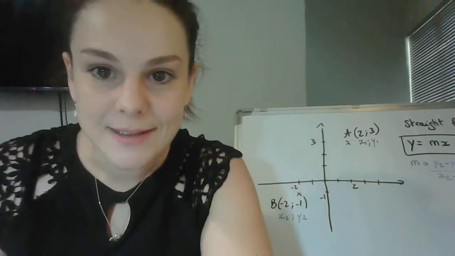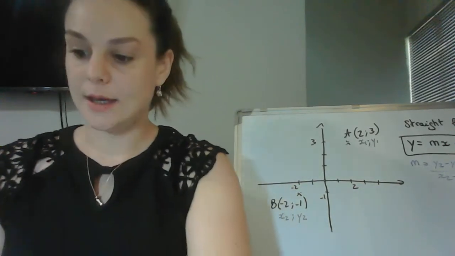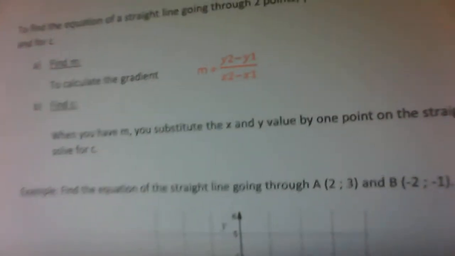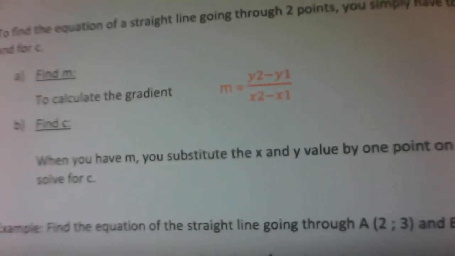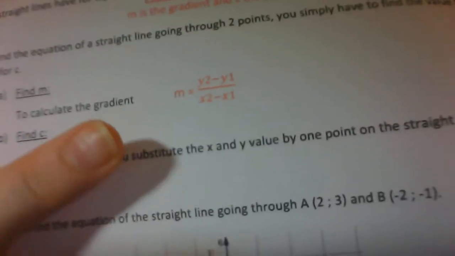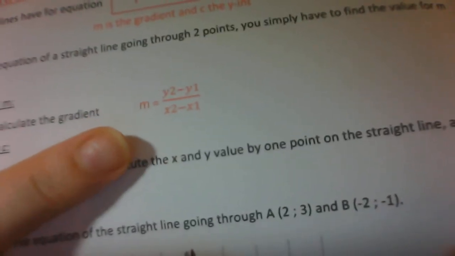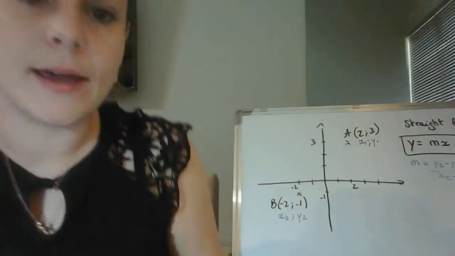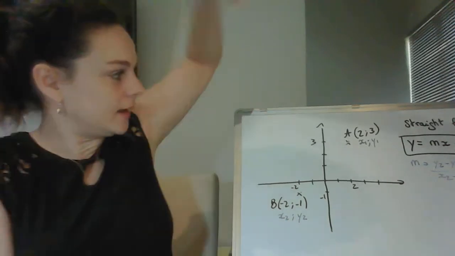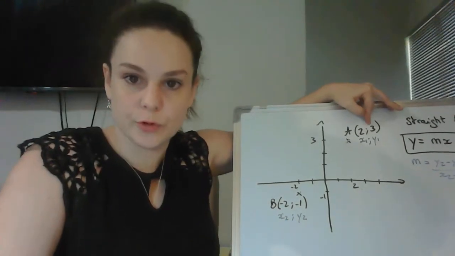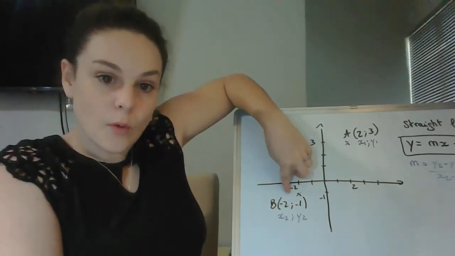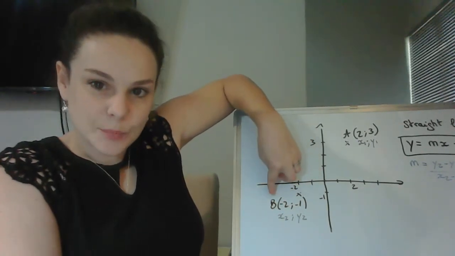Alright, so how to do that? First, we're going to find the gradient m. And to find the gradient m, you have a formula that you must know by heart. So the formula of a gradient is y2 minus y1 over x2 minus x1. Alright, so x1 and y1 are the x and y value of the first point, and x2 and y2 are the x and y values of the second point.